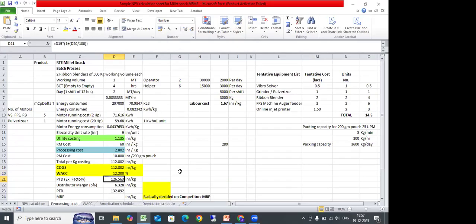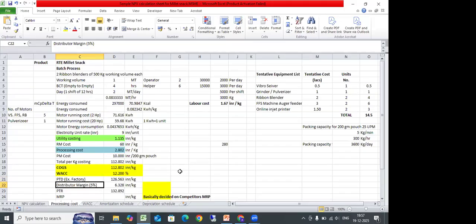So what happens with a 12.2% profit margin? My price to distributor, PTD, ex-factory, goes to 126.5 per kg. I'm not talking of a SKU now. On that, I've taken a 5% distributor margin, which I currently give in my business.